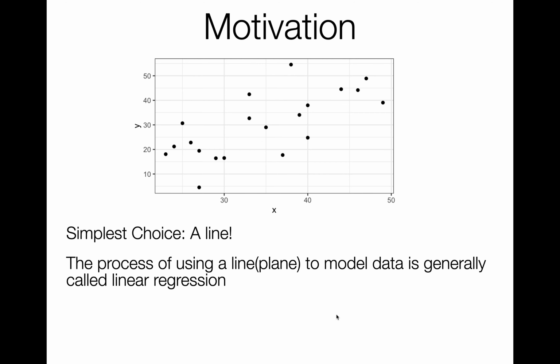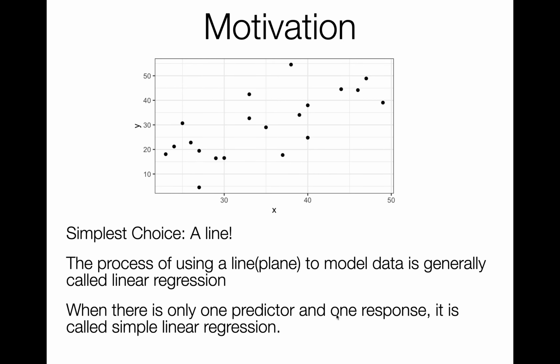We won't really talk about the geometry involved in these problems, but we'll be using a plane rather than just a line to model this data. So that's a general statement that linear regression is using a plane to model the data. If that made no sense, that's fine. We'll just keep on moving.